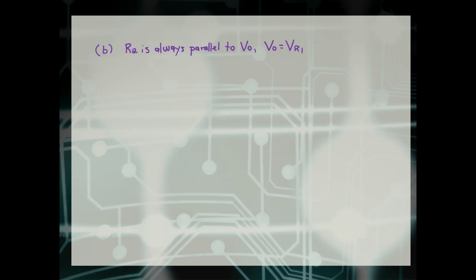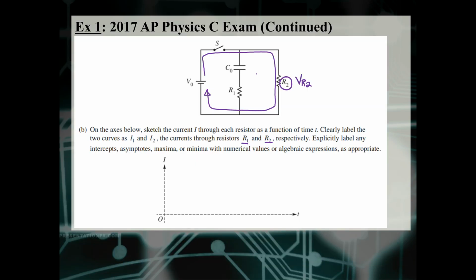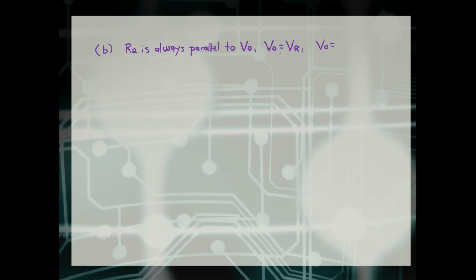So we would have V naught equal to VR2. Let's go back to the picture and call the current that goes through this branch I2. Using Ohm's law, the voltage drop across the resistor would be I2 multiplied by R2.